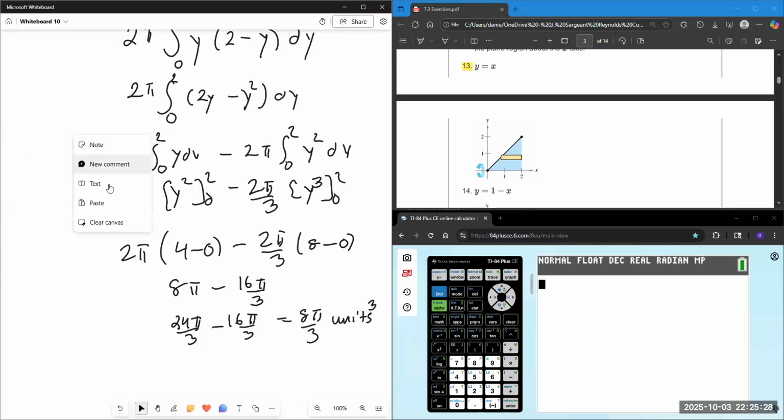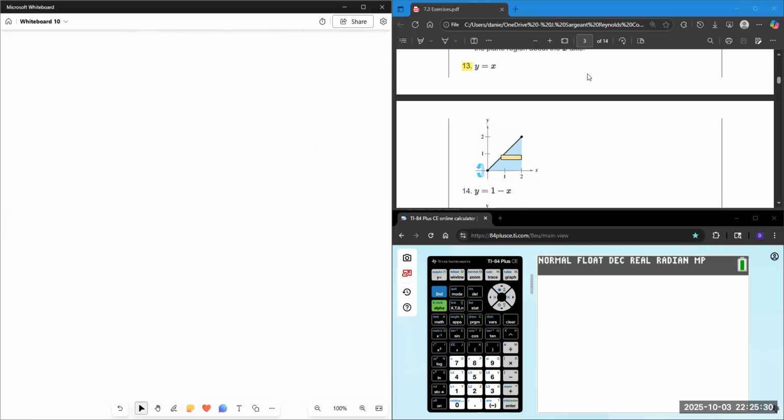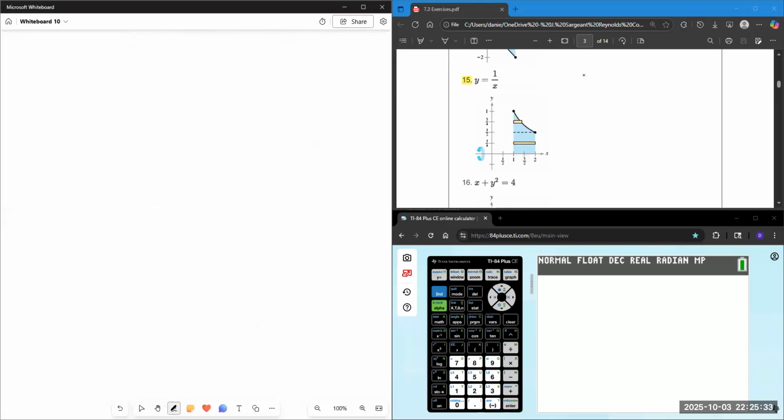So now at number 15. And looking at the picture, we have 1/2, 1, 3/2, 2, and 1/4, 1/2, 3/4, and 1.